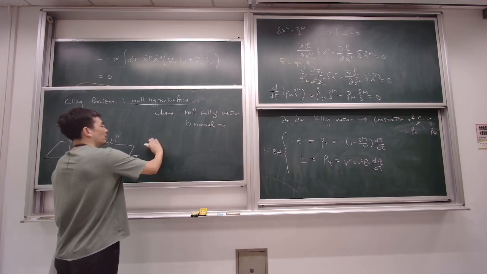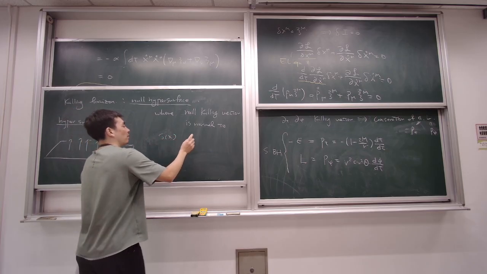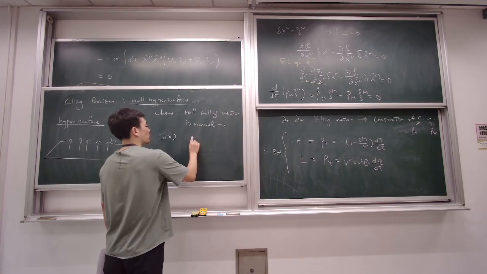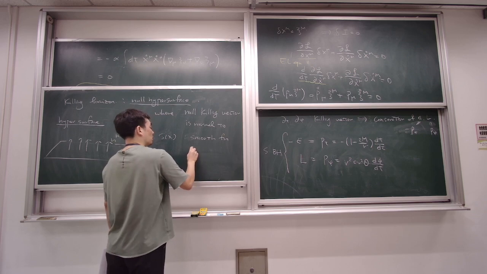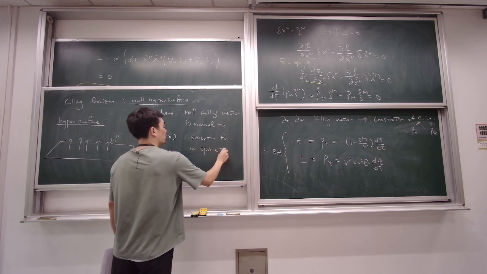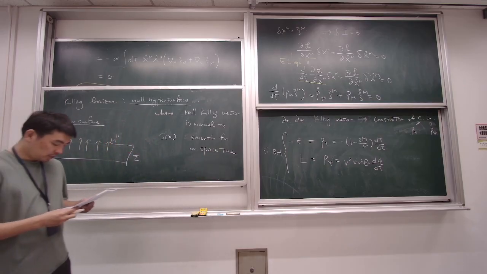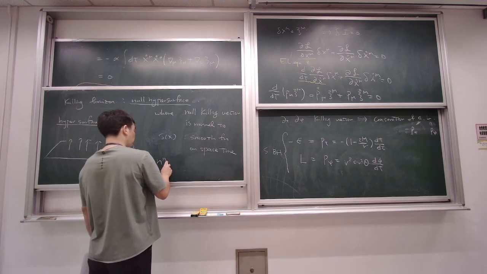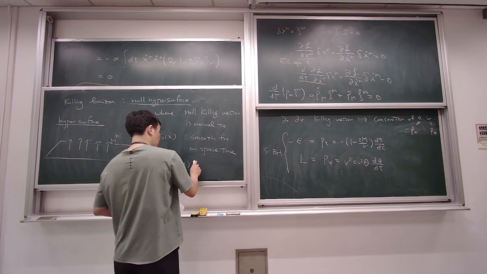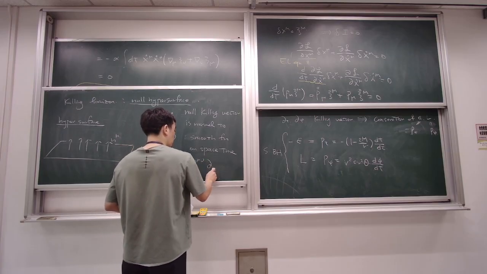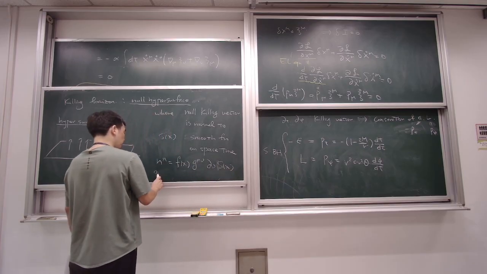Anyway, you consider the function S of x, a smooth function on the space-time. Space-time can be curved. And then n mu is equal to the gradient of S, partial mu of S. It's called a gradient vector field. So this is called a gradient vector field.